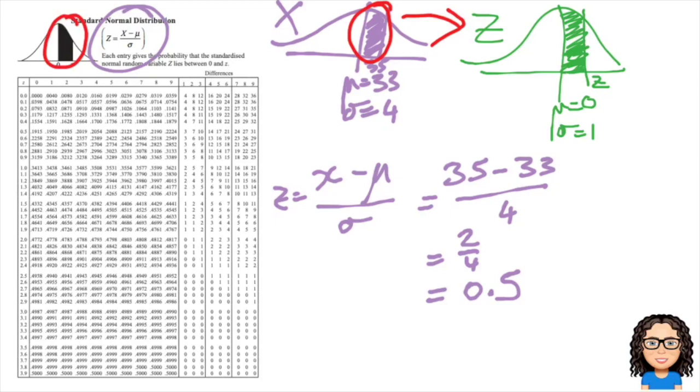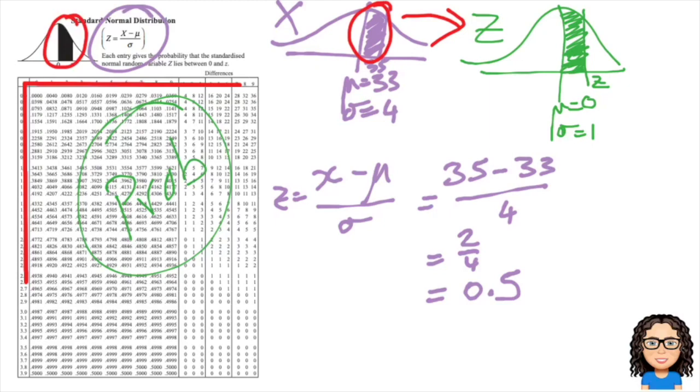Now I need to look up this value on the table. I'm going to go down to Z. The Z values are the numbers on the outside here, and the values inside are our probabilities.